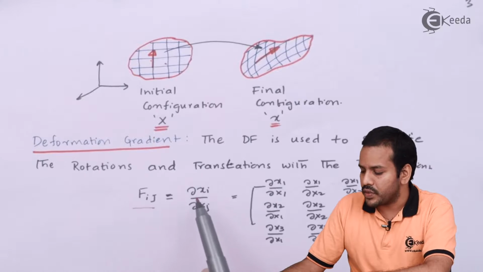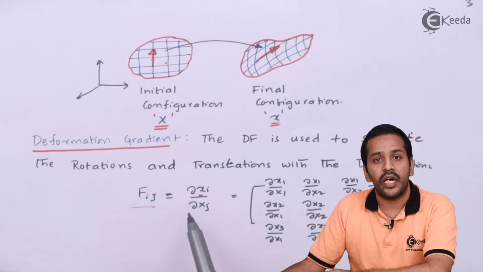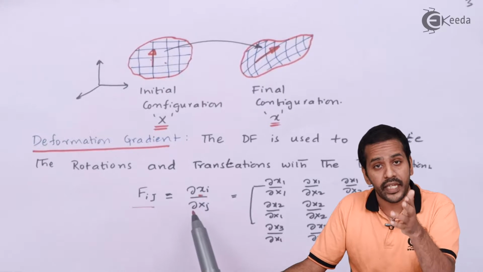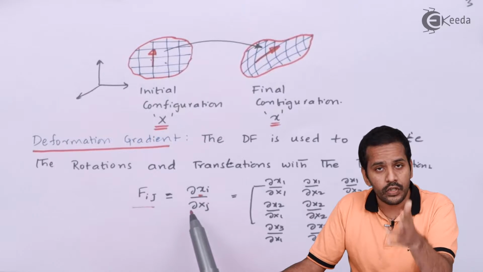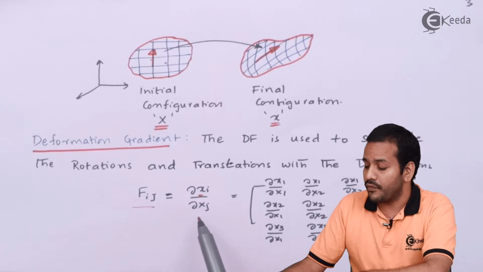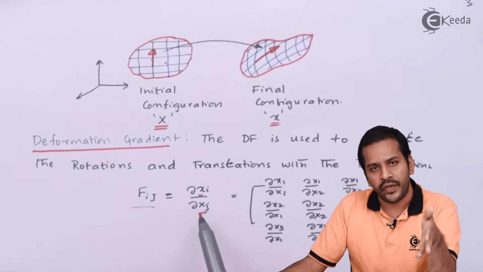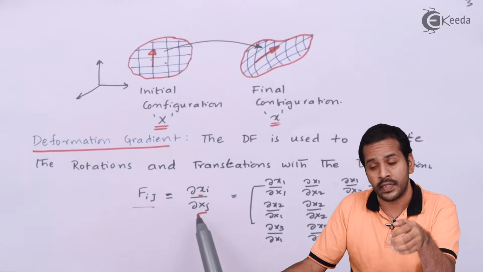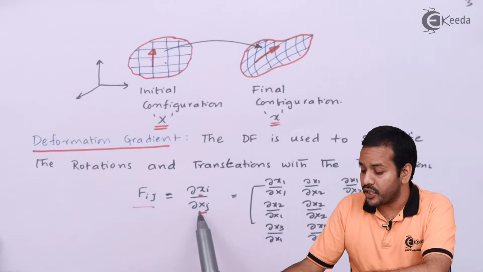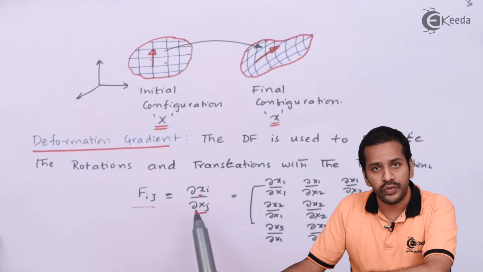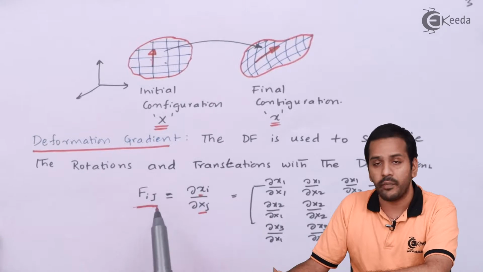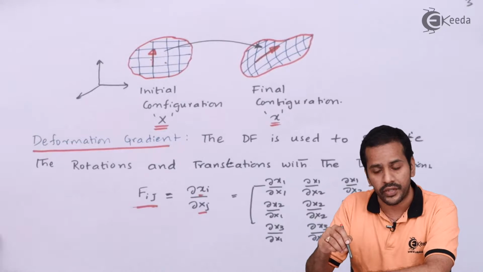Why am I saying that? Because here the small x are functions of capital X1, capital X2 and capital X3. If you differentiate those functions with respect to capital X, that is, I am taking my reference configuration and differentiating my positions, that is my mappings, with respect to the reference configuration, then I am defining this deformation gradient with respect to the reference configuration.